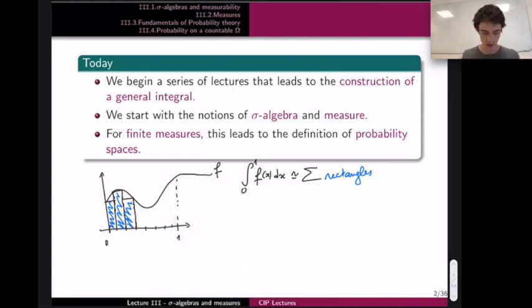Let me mention a few ones. The first one, perhaps, is that this is really limited to integration on the real line.